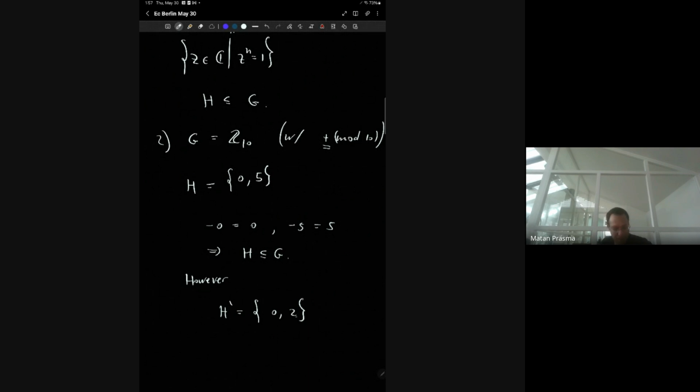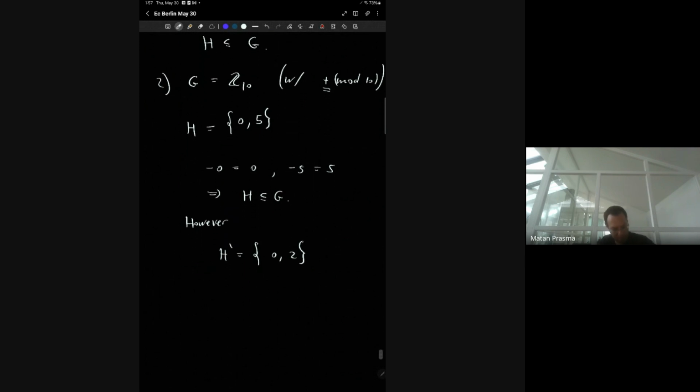But one reason would be that if you take 2 plus 2, then you get 4. And 4 is not in the set. So a subgroup needs to be closed under the operation of the ambient group. So I write it like this, not a subgroup of G.